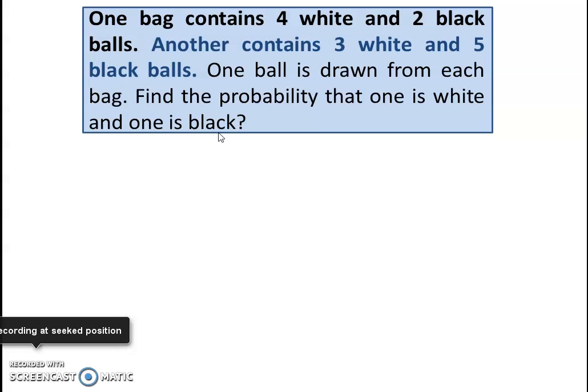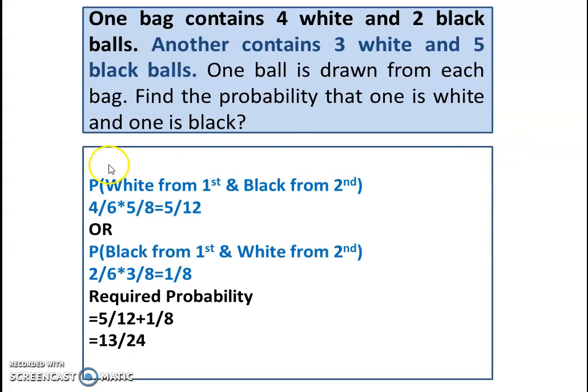So in this we have two cases. First case, we can draw white from first and black from second. In second case, black ball can be drawn from first and white ball can be drawn from second bag, right?